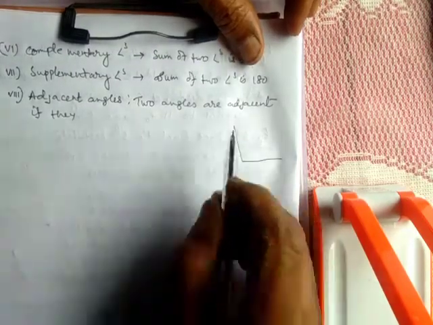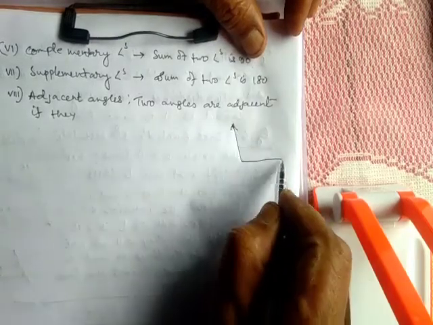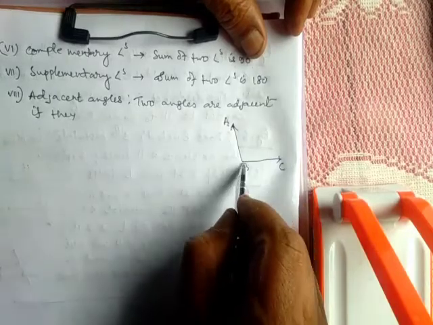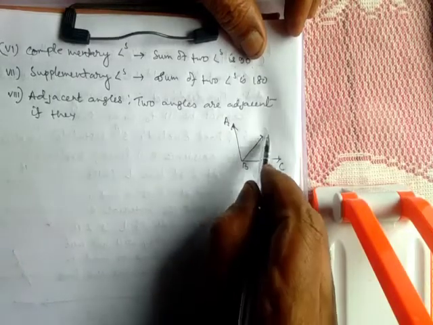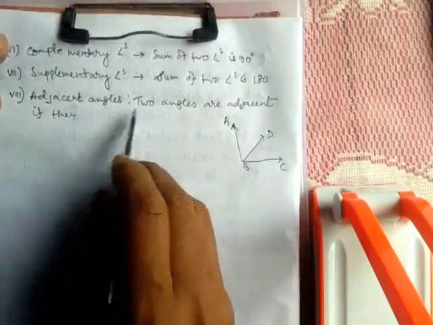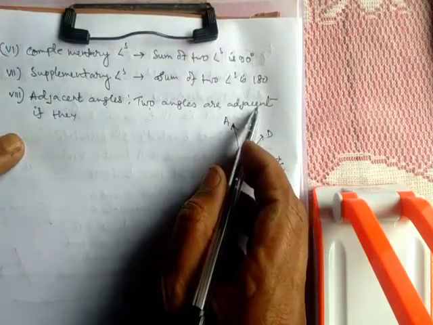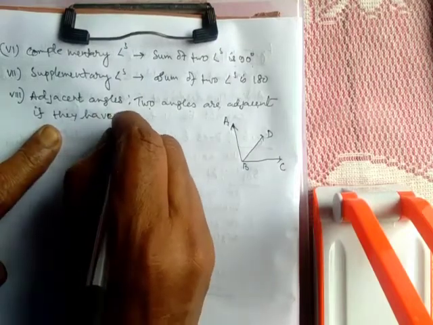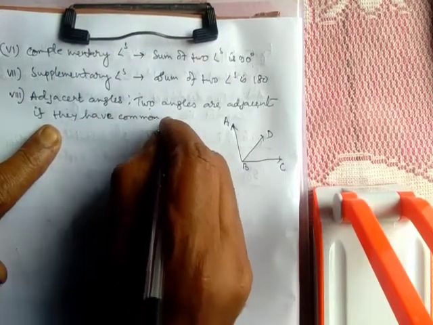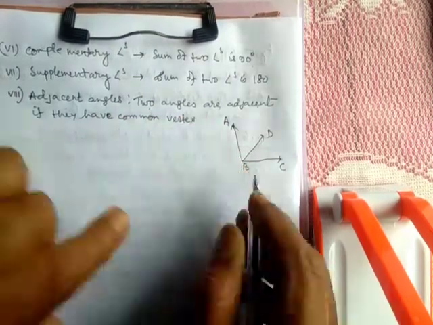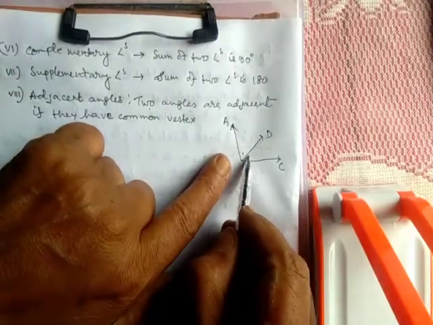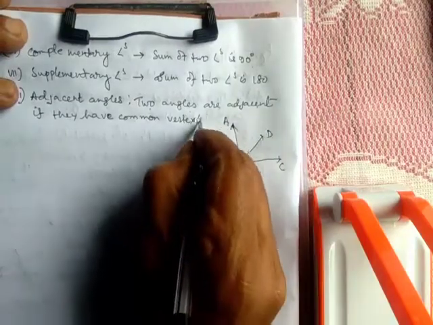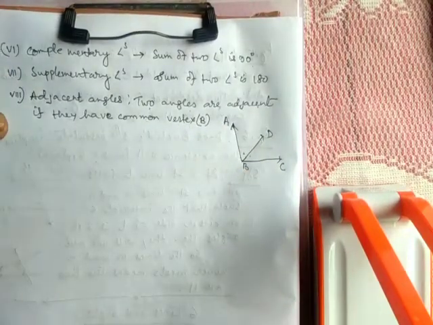Suppose I have drawn one angle A, B, C, and this one I am calling D. So two angles are adjacent if they have a common vertex. Here, see, these are the two angles and they have a common vertex. This is the vertex B. B is the common vertex.